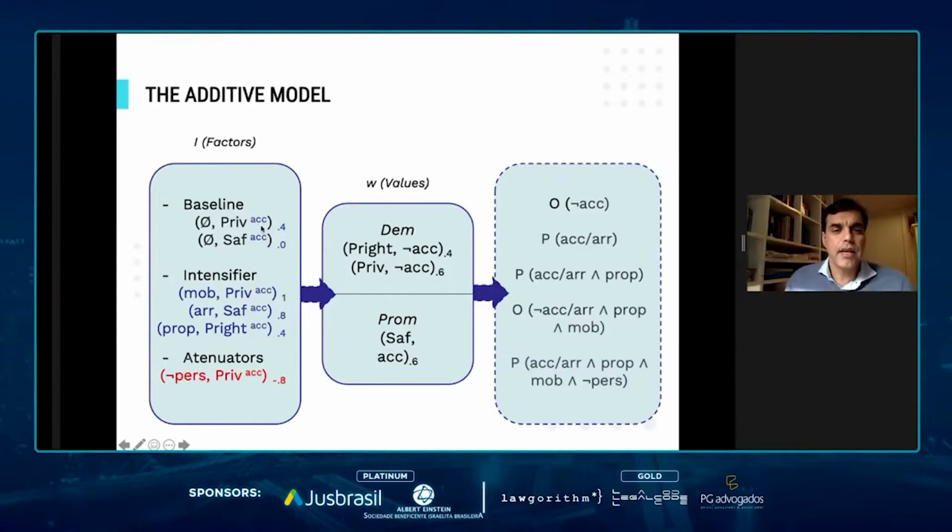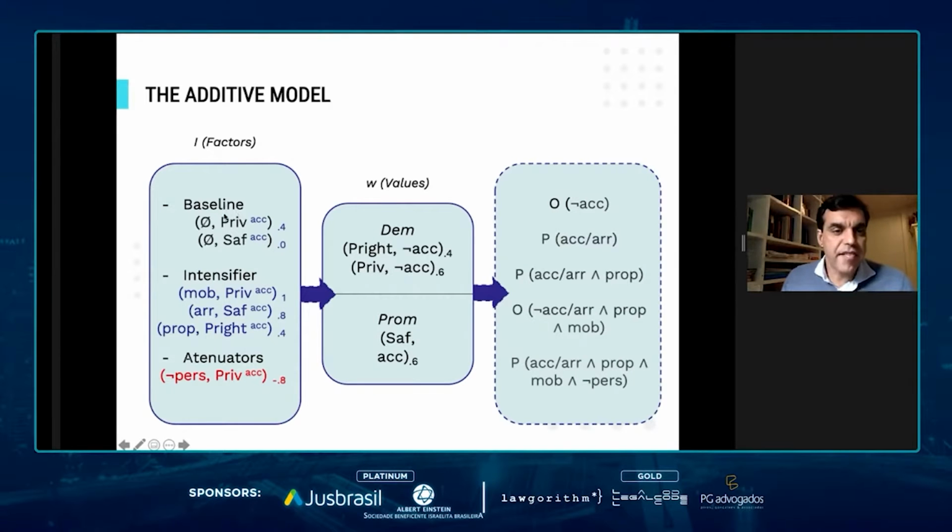So accessing any item has a baseline impact of 0.4 on privacy, and privacy has some weight. The proportional impact is the product of the impact and the weight of the value.